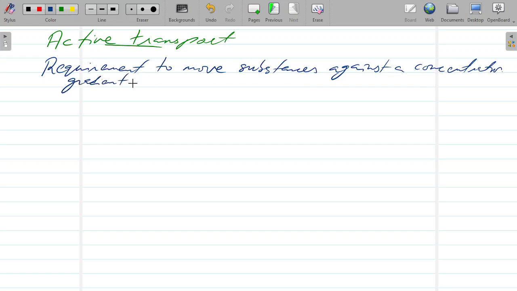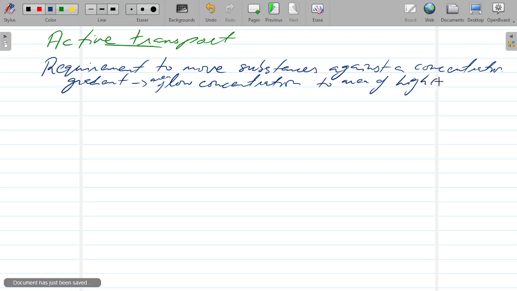What does it mean to move against? It means going from a region of low concentration, so an area of low concentration, to an area of high concentration.